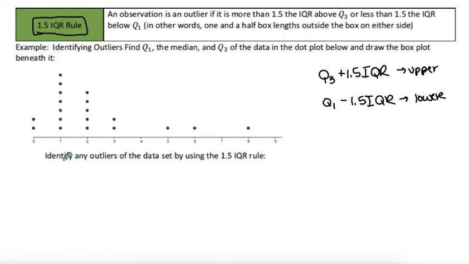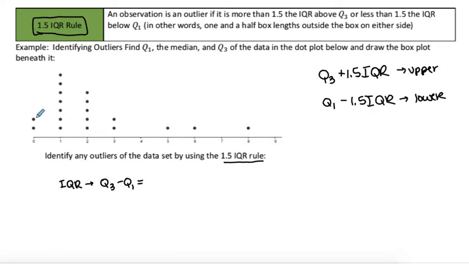So if we want to use the 1.5 IQR rule to see whether 5, 6, and 8 are actually outliers, or maybe just one or all of them, we're not sure, we're first going to find the IQR. To find the IQR, we need quartile 3 minus quartile 1.